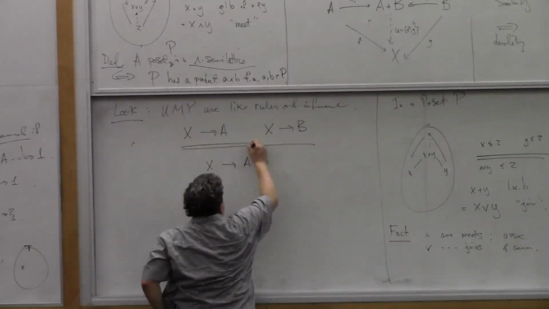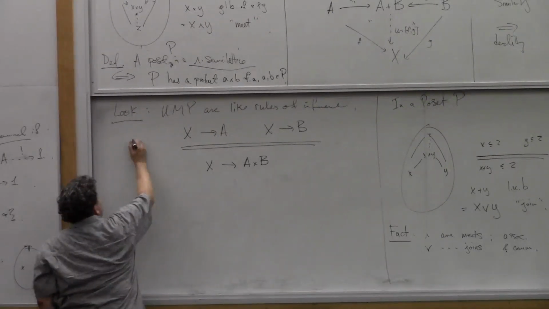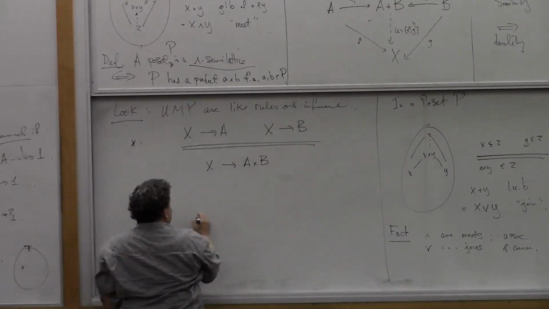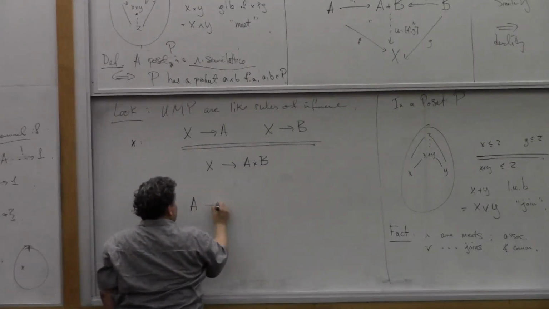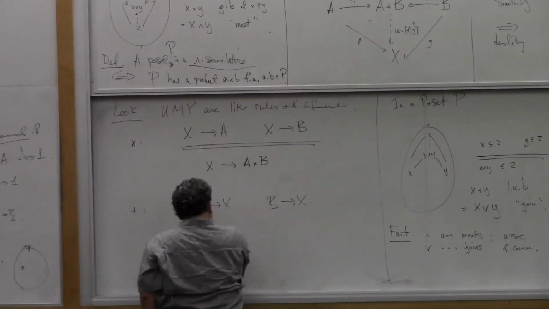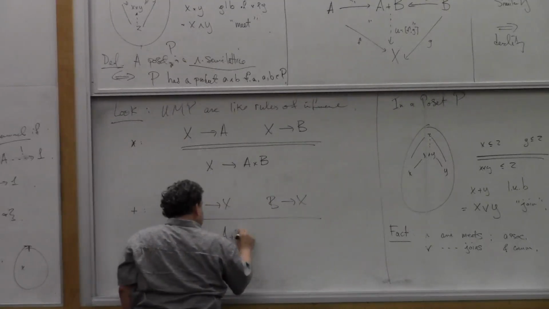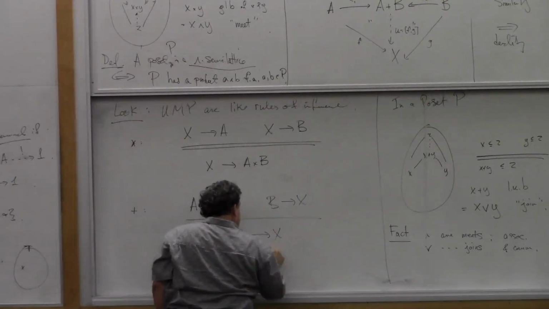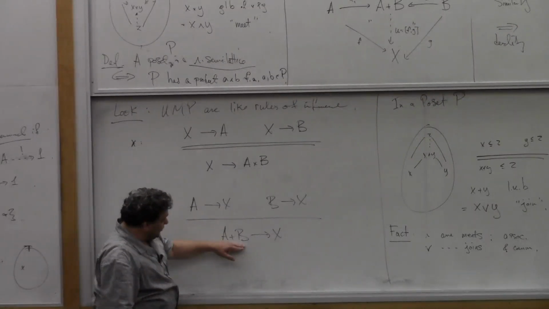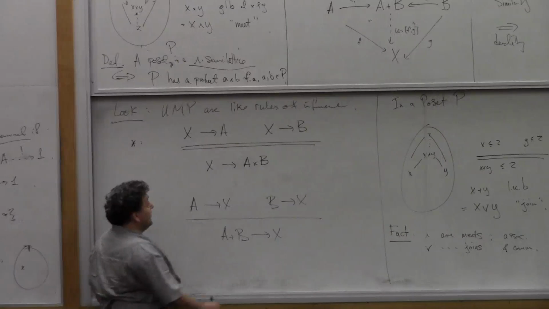So that's a kind of two-way rule of inference. For the co-product, it looks like this. It says, given any A into X and any B into X, you get A plus B into X. That's the co-pairing of those two maps. And given this one, you precompose with the two injections, and that gives you these two.